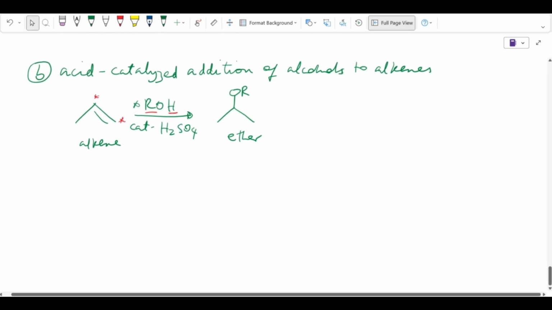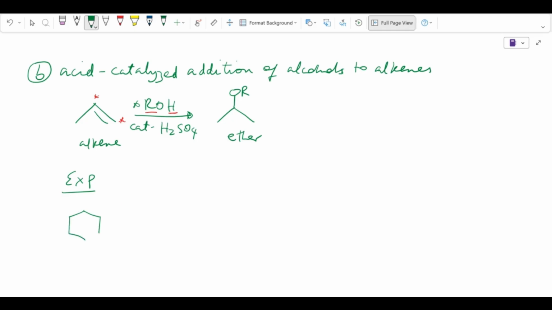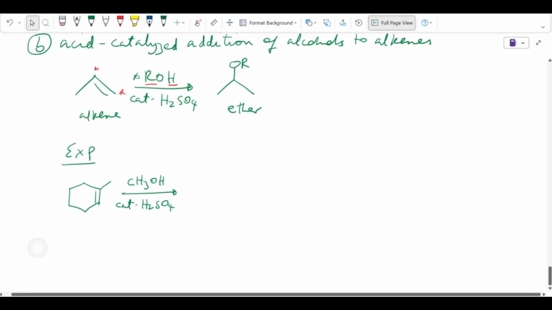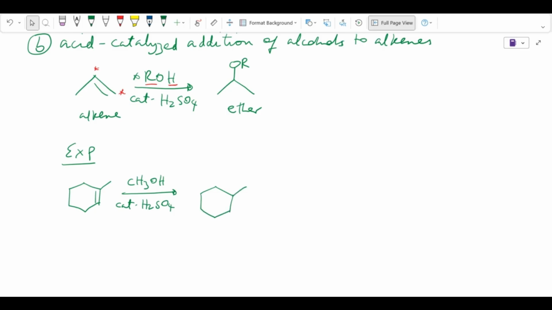So let's go over a couple of examples. If you treat this alkene with, say, methanol under acidic conditions, what's going to be the product of this reaction? The product of this reaction will be such that you will break the pi bond and then attach the methoxy group.